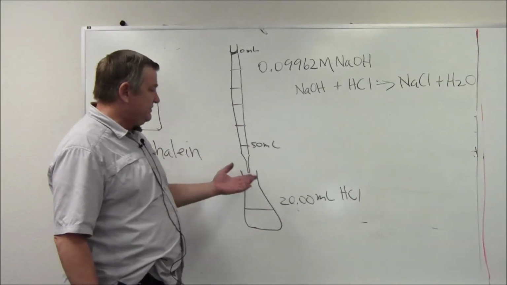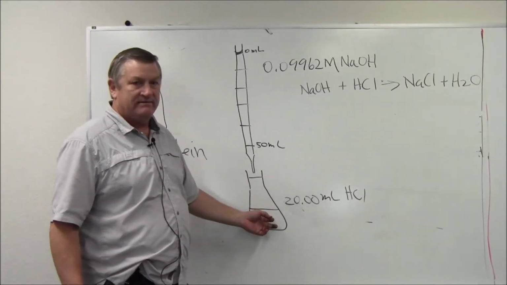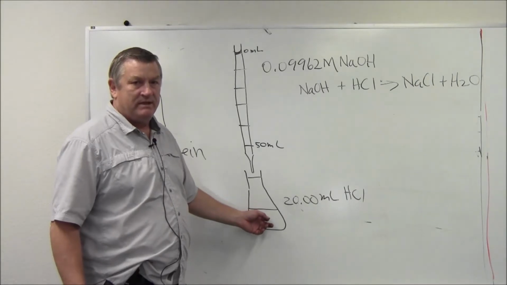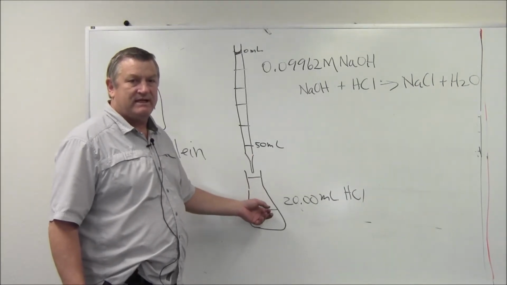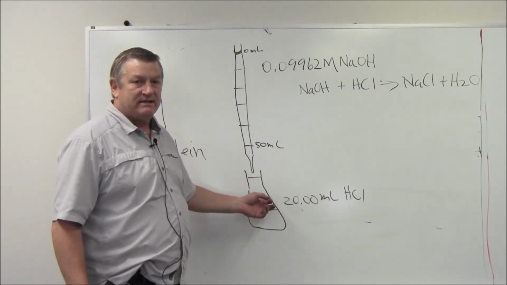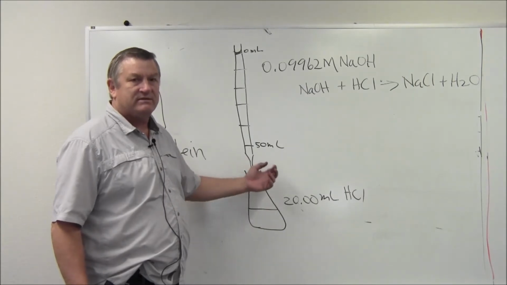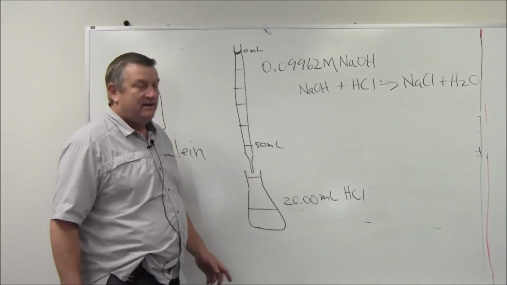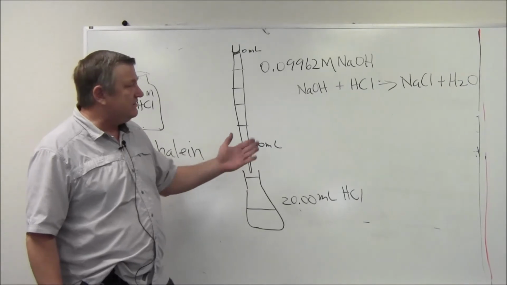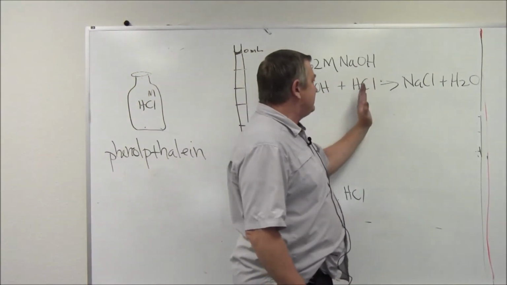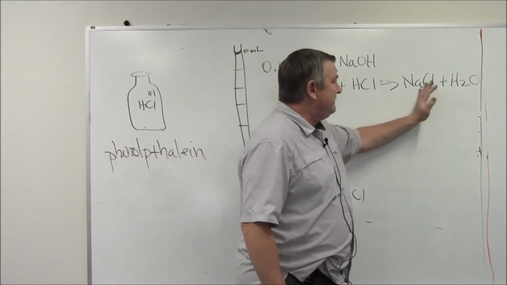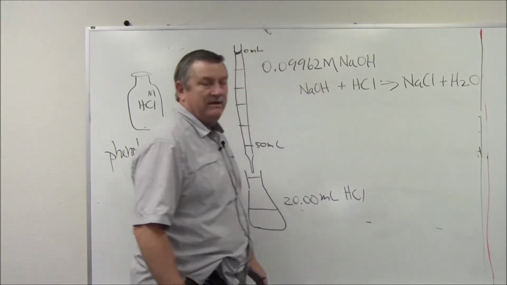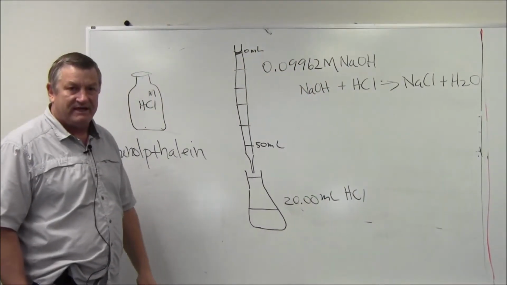And so initially our solution's acidic, see? And then we're going to drop sodium hydroxide in until it's getting more basic, or less acidic, and then neutral. Once it's neutral, we know we've consumed all of the HCl with our known, and we just have sodium chloride and water in our Erlenmeyer flask.